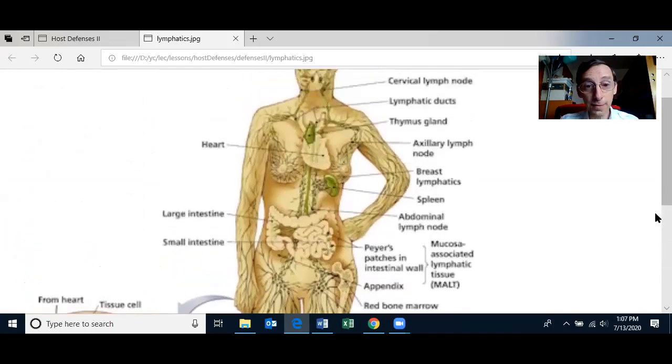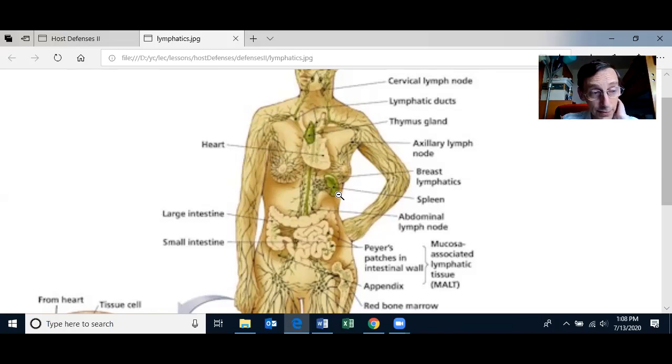And in fact, at this part here, the lymphatic duct, that's where the lymph system dumps into the circulatory system. So the two are connected, as well as at the various organs of the lymphatic system. What am I trying to say here?